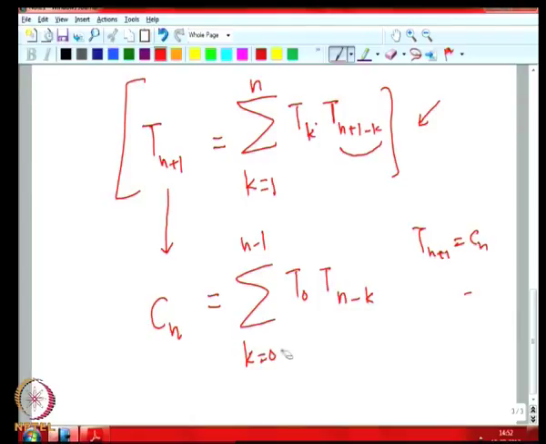But the only thing here is, we have to start with this equation.